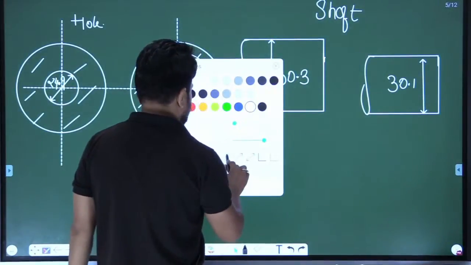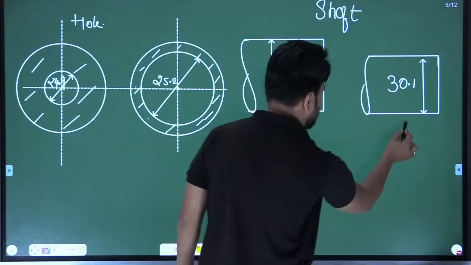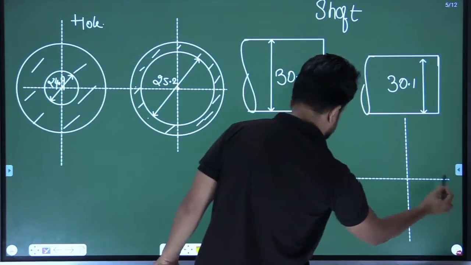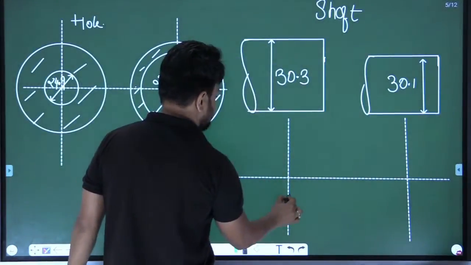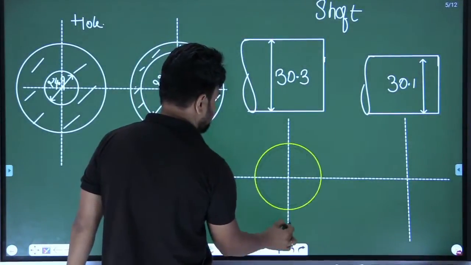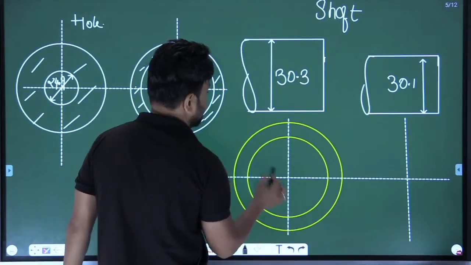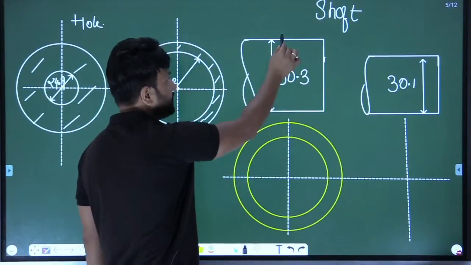So that's why, my dear, here I am going to manufacture a ring which covers the maximum material. Let me draw the ring here. So this ring will cover this much material.